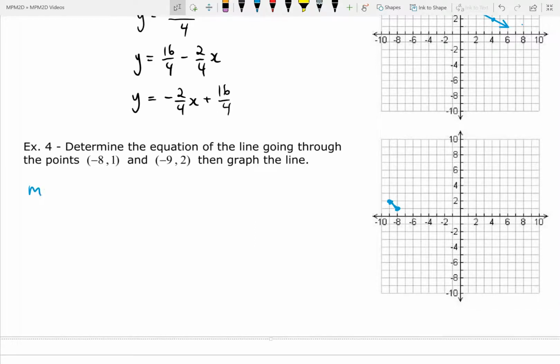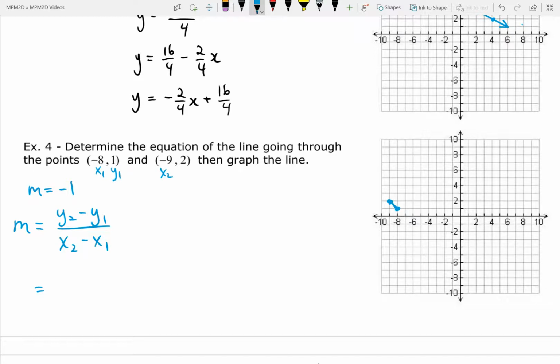So m equals negative 1. But if you wanted to verify that using the slope formula, you might recall the slope formula is the difference in y values over the difference in the x values of your 2 points. So if my first point, negative 8 and 1, was x1 and y1, and negative 9 and 2 would be x2 and y2.